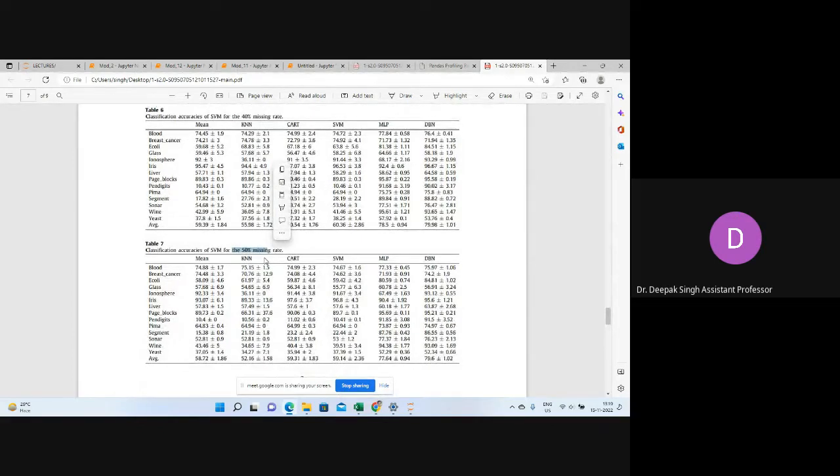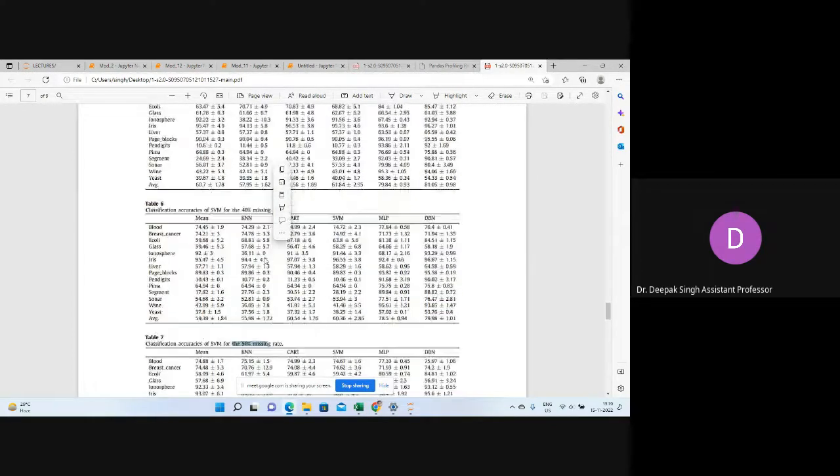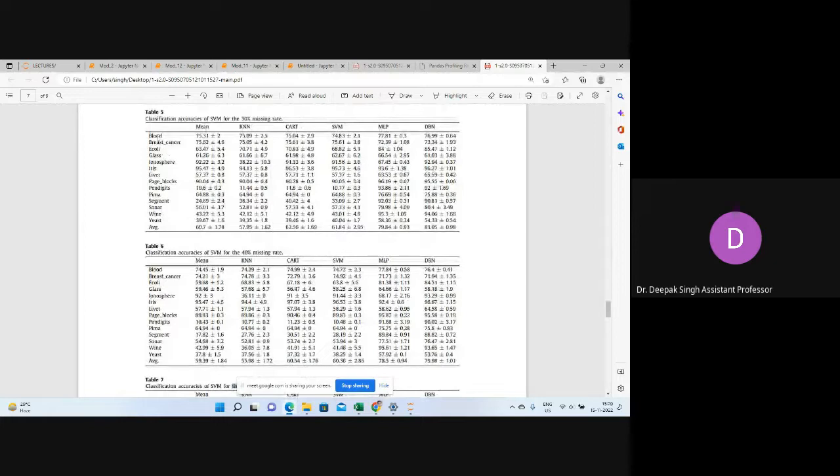See, for this also, how many data sets have they collected? 1, 2, 3, 4, 5, 6, 7, 8, 9, 10, 11, 12, 13, 14. 14 data sets are there. And in fact, if you see this data: blood, breast cancer, E. coli, glass, ionosphere, iris, liver, these are benchmark data sets available for classification. Okay, they are classification data sets.